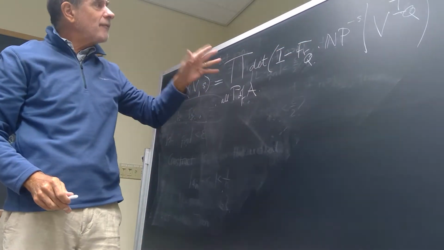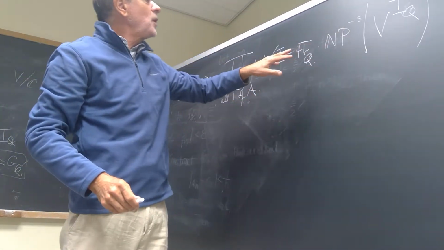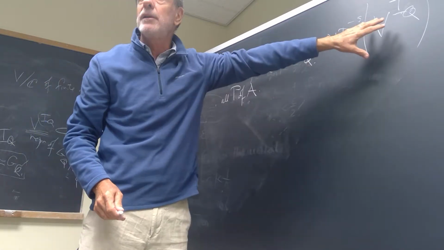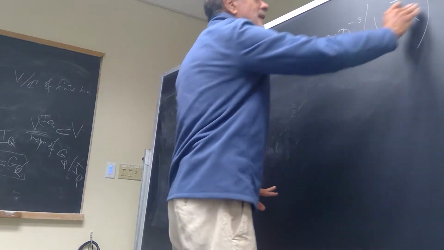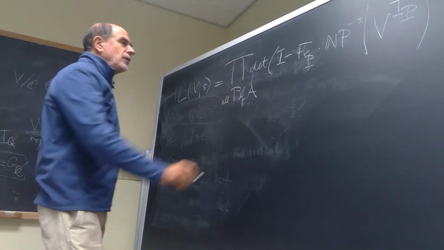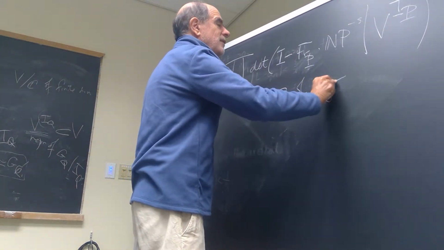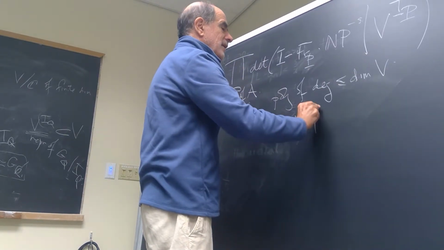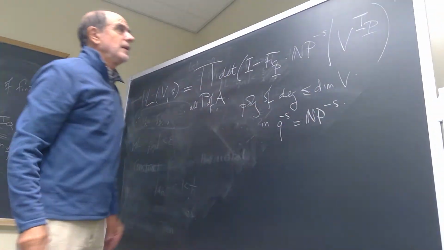Okay? However, the miracle is that this characteristic polynomial depends only on P, because all these elements are conjugate, right? So I can put a P back in. And to really take the determinant, you'd have to take a Frobenius at Q. And so this is a polynomial of degree less than or equal to the dimension of V in Q to the minus S, which is the norm of P to the minus S power, and then you invert it.